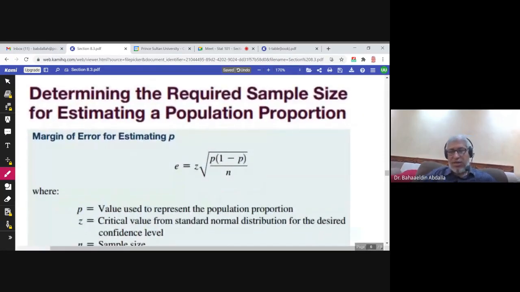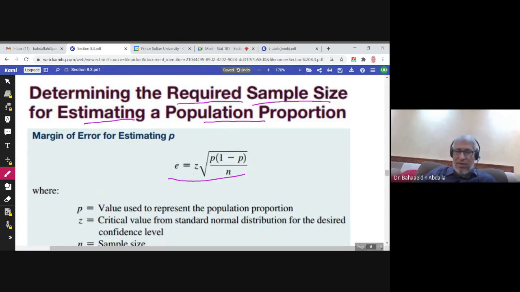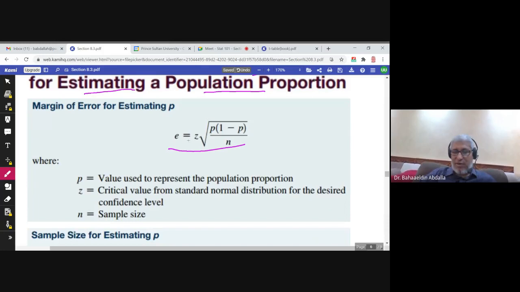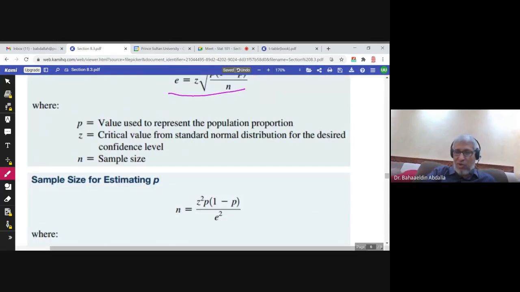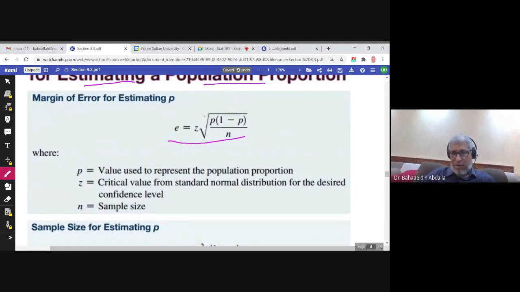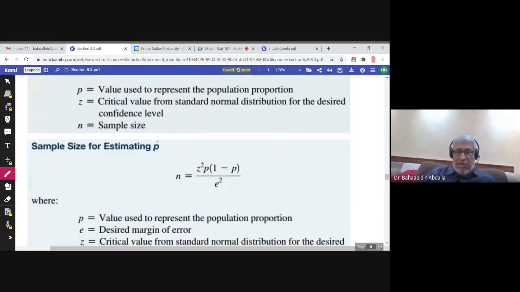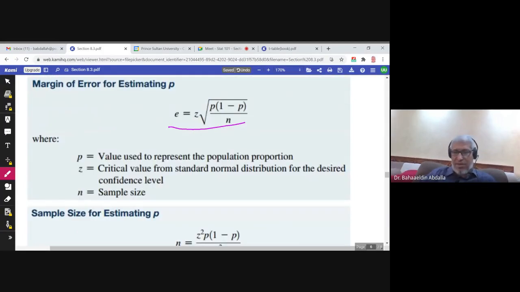Now the second part in section 8.3 is to determine the required sample size for estimating P, the population proportion. So this is the margin of error, as we mentioned, okay? But we don't have P, so if P is not given, we will use just P bar. So how to find the sample size?